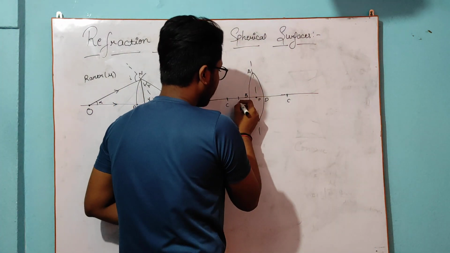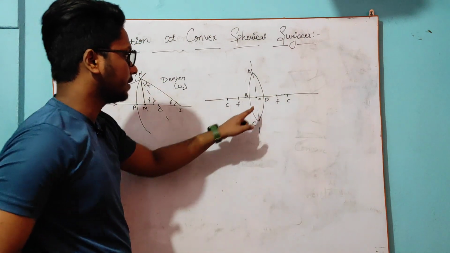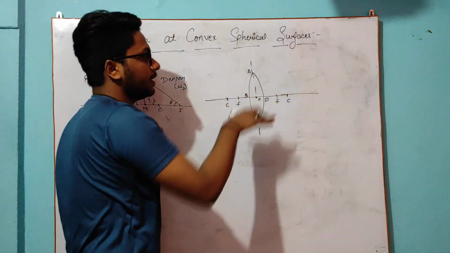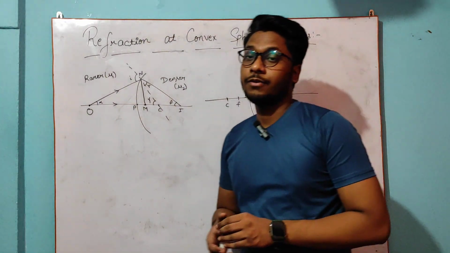And we know focal length is half of the radius of curvature. So two focal lengths, two centers of curvature. This is the optical center, and this is the principal axis. So these are the basic things that you already know.